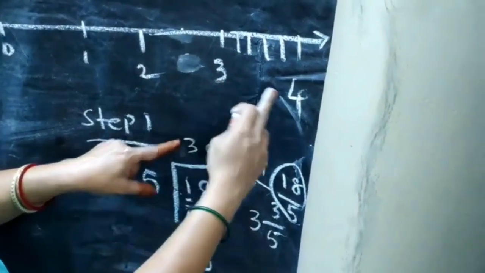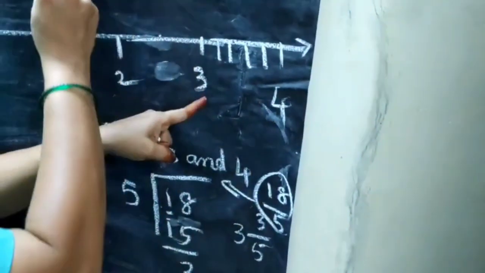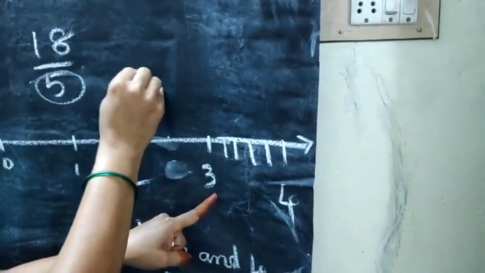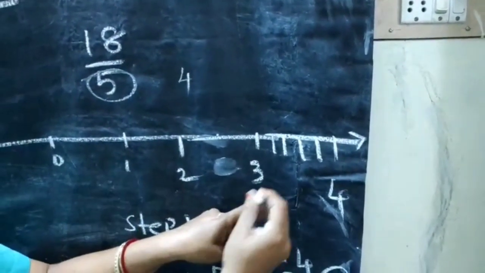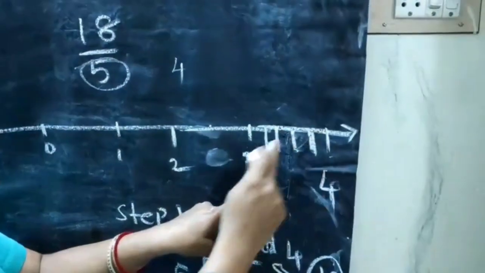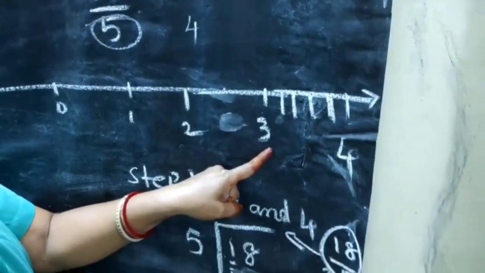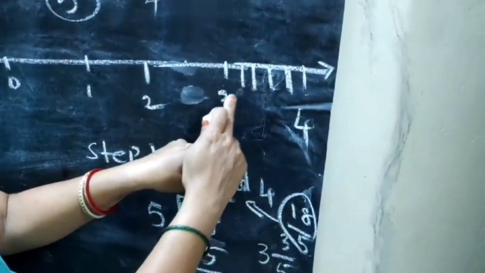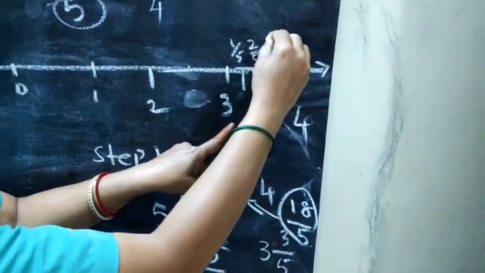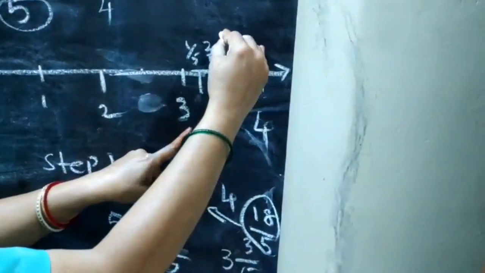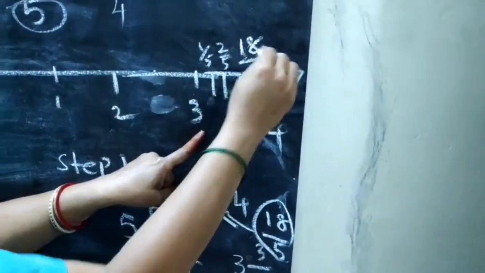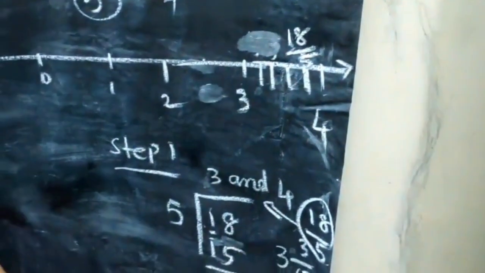So your finger now goes to 3 and 4 only. How many parts are there? 5 parts. For 5 parts, you draw 4 lines between 3 and 4. The first line is 1 by 5, then 2 by 5, then 3 by 5. Here write 18 by 5 only; the third line.